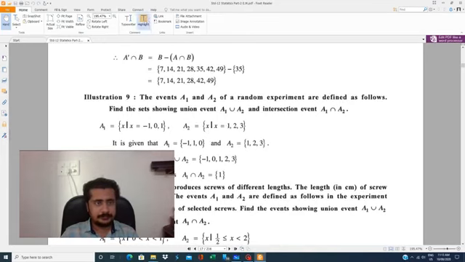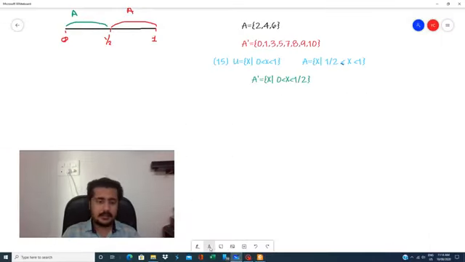This part is A1 and A2. So you need to find A1 union A2 and A1 intersection A2. What is given is A1 and A2. So let us start with illustration number 9.